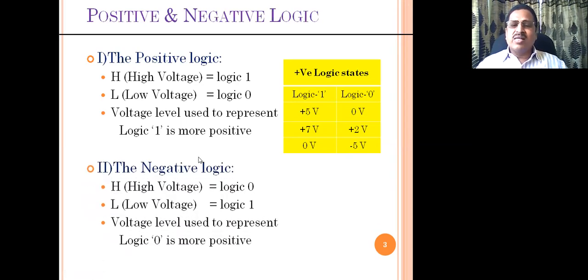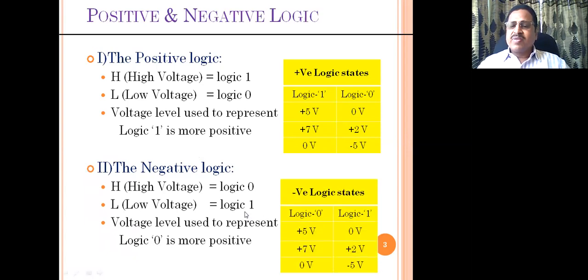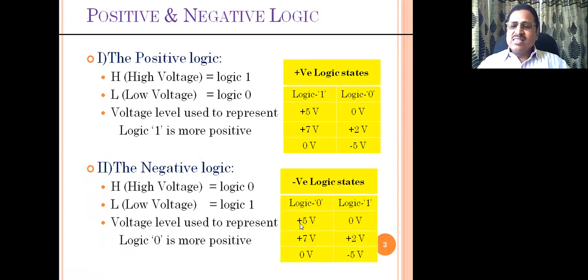Exactly opposite of this, there can be negative logic also. In negative logic, H, high voltage, is used to represent logic 0, whereas L, low voltage, is used to represent logic 1. Here is an example. Plus 5 volt for logic 0 and 0 volt for logic 1, or plus 7 for logic 0 and plus 2 volt for logic 1, or 0 volt for logic 0 and minus 5 volt for logic 1.